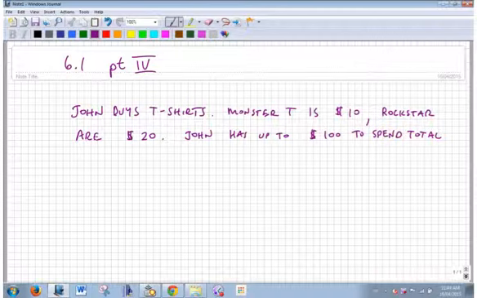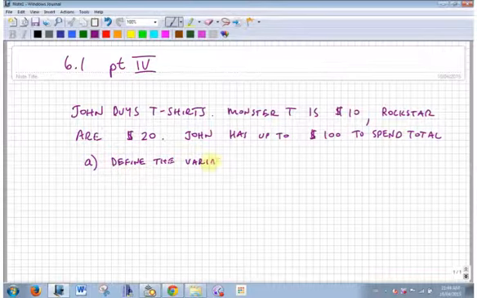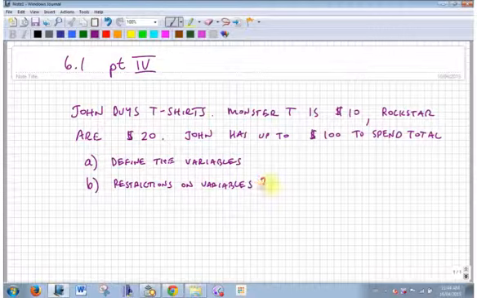Choices, choices, choices. A. Define the variables. B. Restrictions on variables.